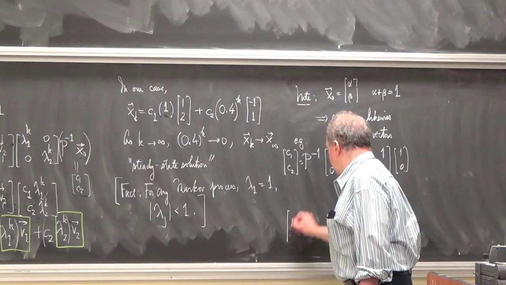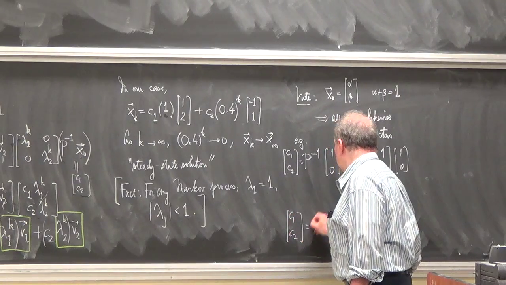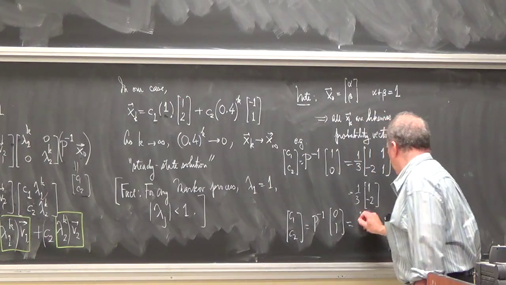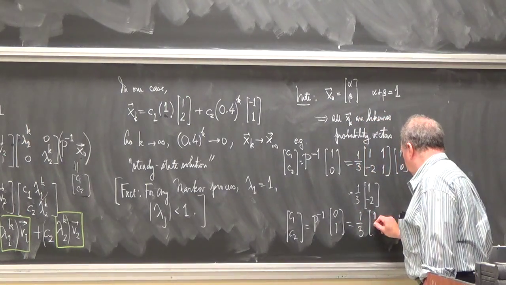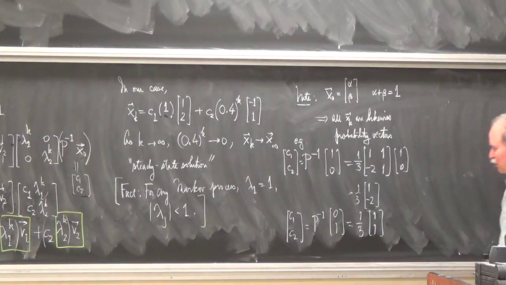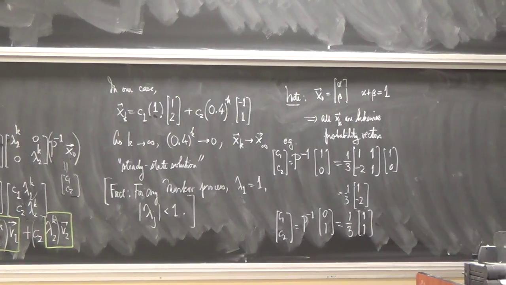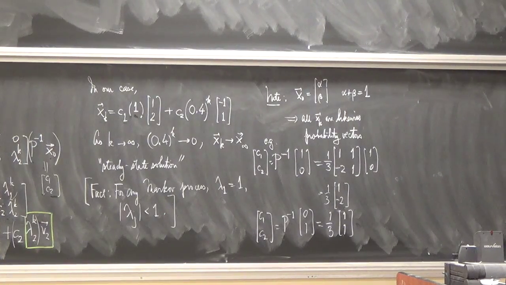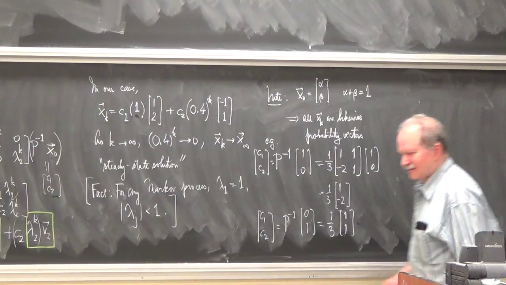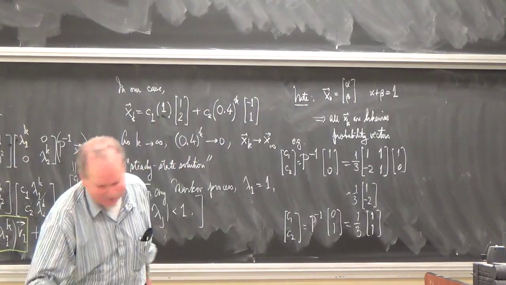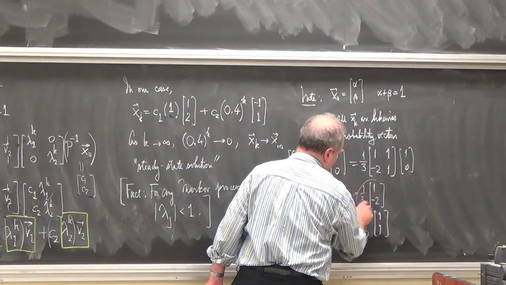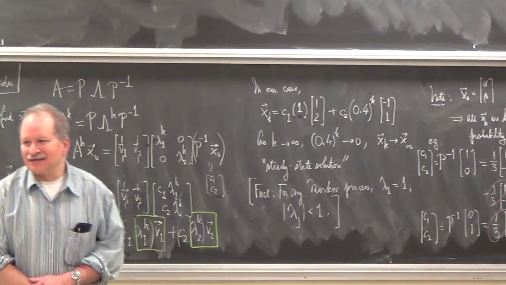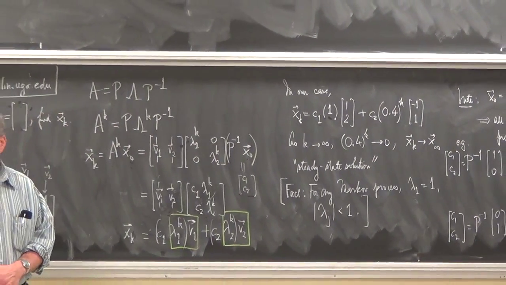Now if I did the other case, what would I get? I'd get 1/3 times the second column. What do you notice happens here? Those aren't changing. Oh, and that's the only term that matters.